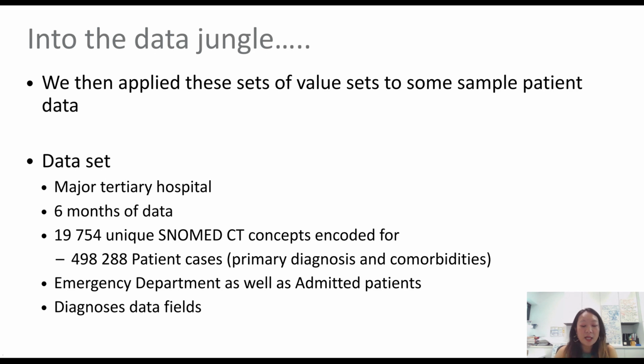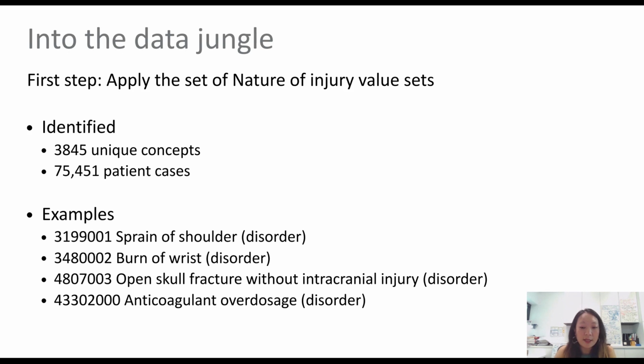In that 6 months of data, there was approximately 19,000 unique SNOMED codes, which encoded for close to 500,000 patient cases. So this included primary diagnosis and comorbidities. This data contained emergency department data as well as admitted patients and was mainly the diagnoses data fields.